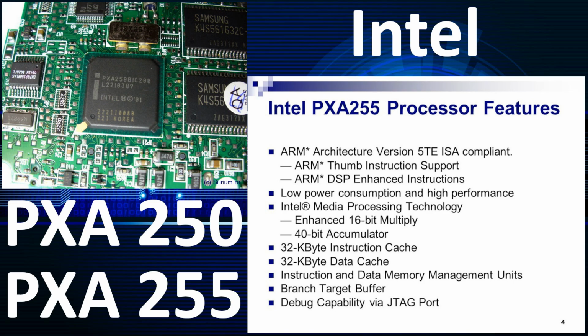It came in 200, 300 and 400 MHz. Then in 2003, the PXA255 revision, the 200 MHz had an upgraded internal bus speed and the 400 MHz had a lower core voltage at 1.3 volts.